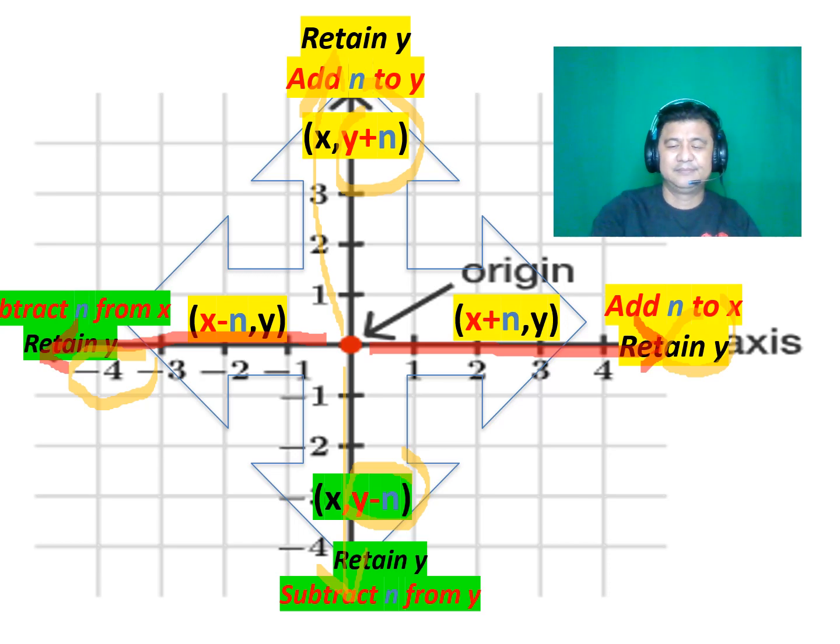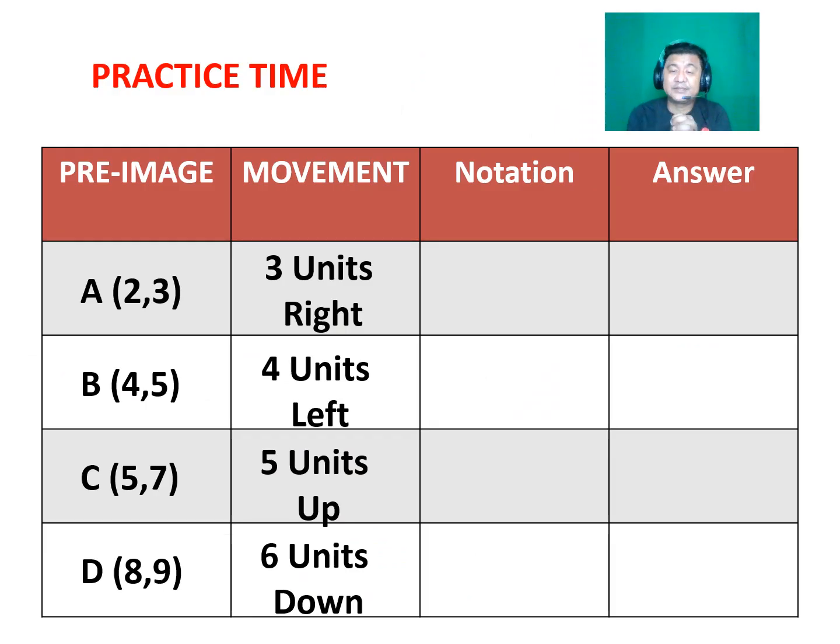All right. Now let's have some practice. Let's figure this out. Some kids can do this mentally, but I want you to write the notation first. I'll give the first example. So going to the right means the x is affected, right? And to the right is positive.